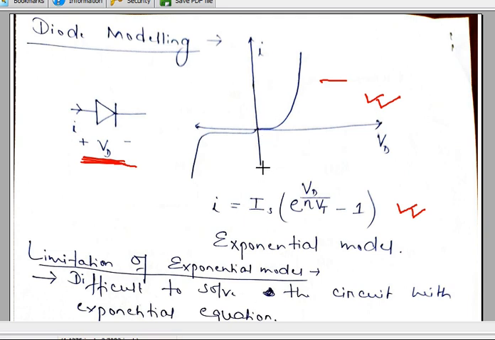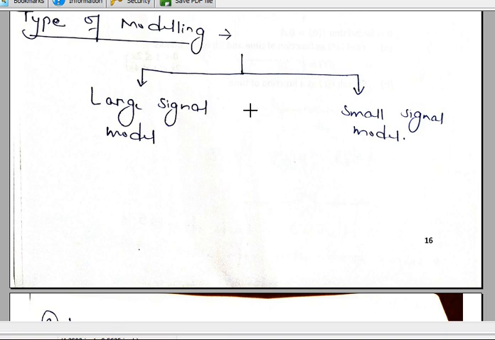So we have to build a model for the diode which can be replaced in the DC circuit or in the AC circuit, and we can solve the circuits. The modeling of diode is divided into two parts: large signal model and small signal model.